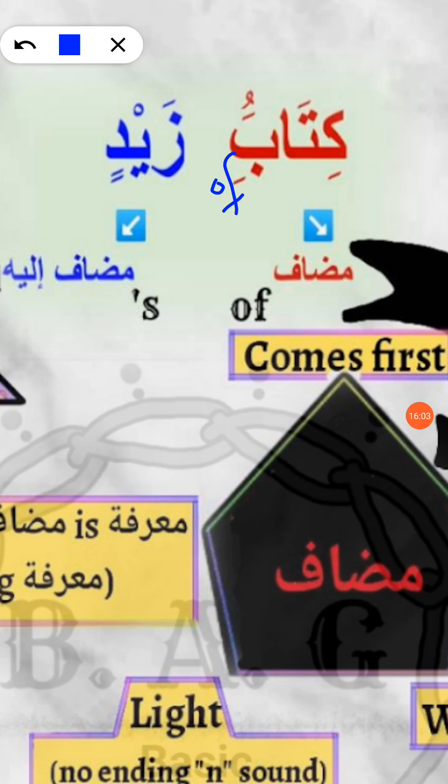So you can always translate it like Kitabu of Zaidin. Similarly Bait of Allah, similarly Rab of Alameen. That's how you can do it. Just visualize an 'of' right next to your musaf and you will be good to go with the translations.